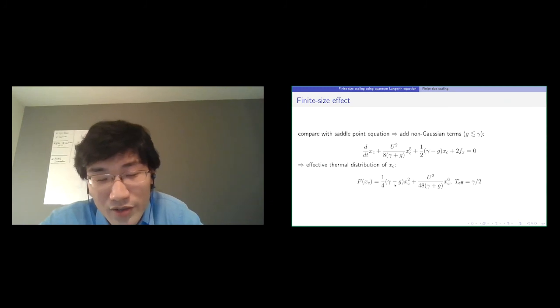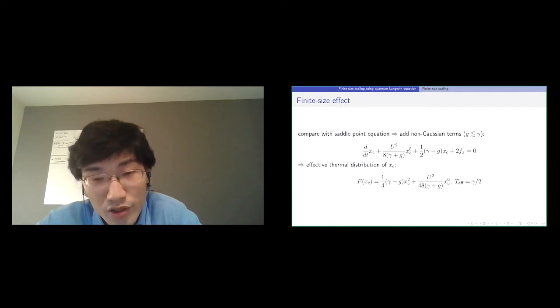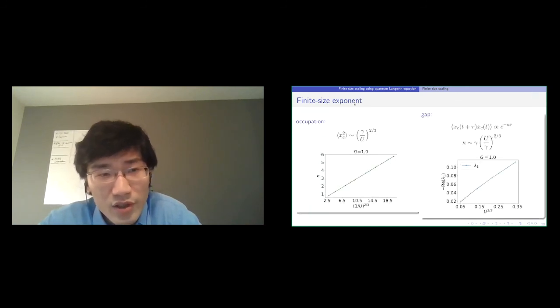At the critical point, gamma minus g is 0, so this term just vanishes, but this term is proportional to u squared. So for any non-zero u squared, it will give you a trap that will make x classical squared not diverge anymore. So starting from this equation, we can just calculate the finite size exponent.